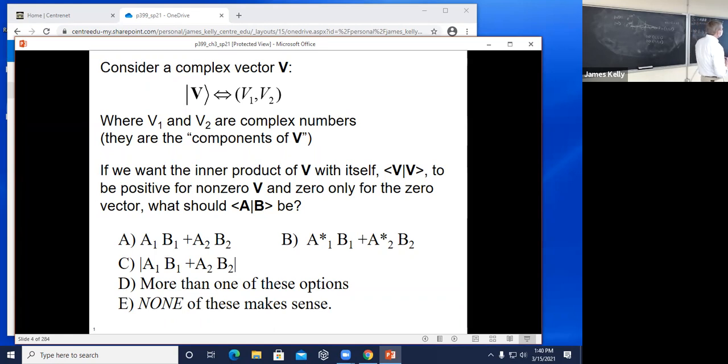If we want the inner product of a vector with itself to be positive for non-zero V and 0 only for the 0 vector, what is a formula that's going to work for the inner product between a vector that has components A1 and A2 and a vector that has components B1 and B2?